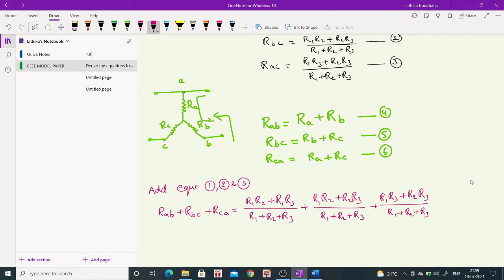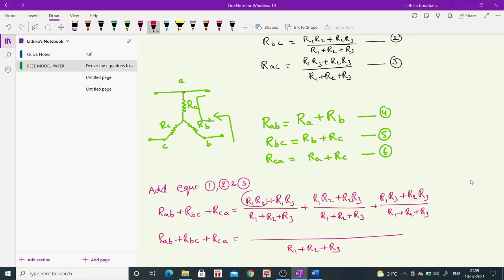If you take the LCM for this, you will get R1 plus R2 plus R3 as the LCM. So RAB plus RBC plus RCA is equal to, making the LCM R1 plus R2 plus R3, you add all the numerator terms and every term you get 2 times.